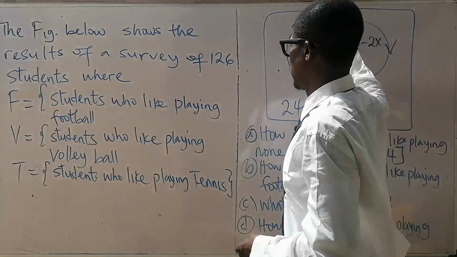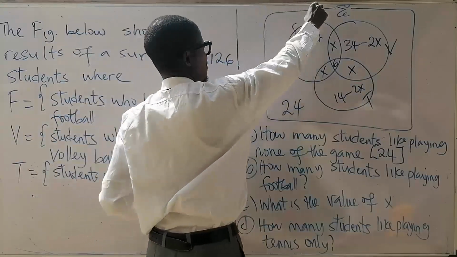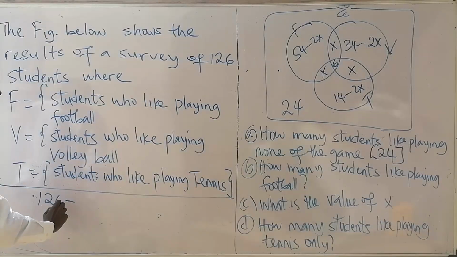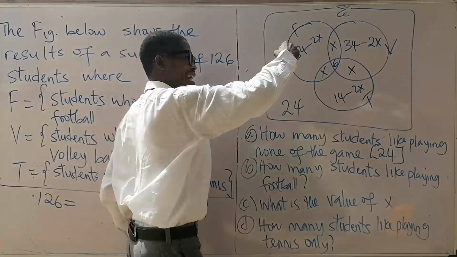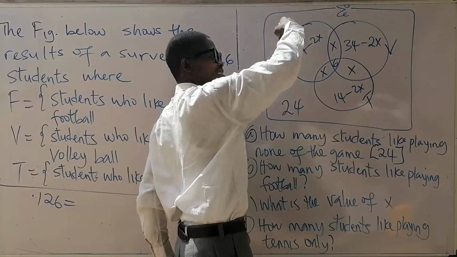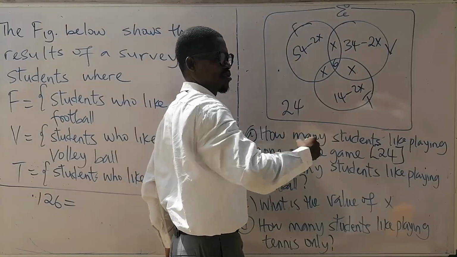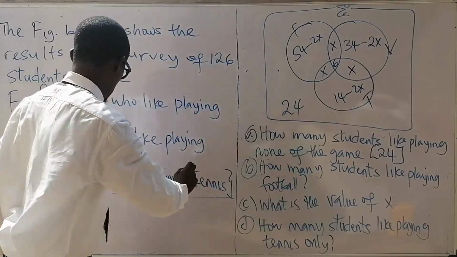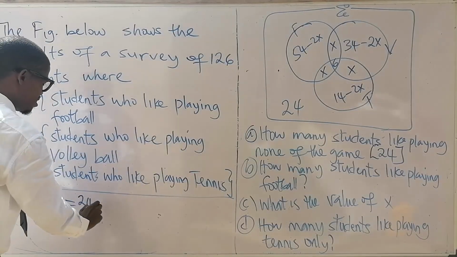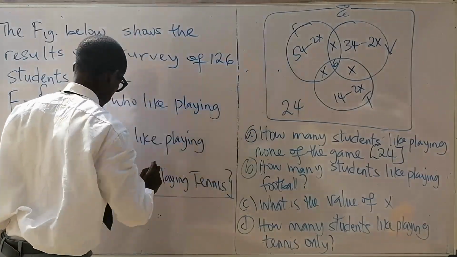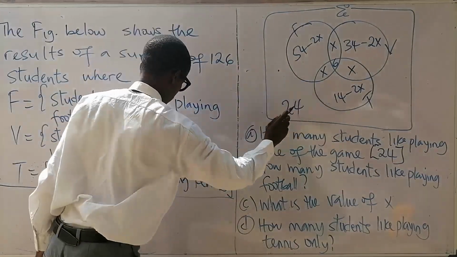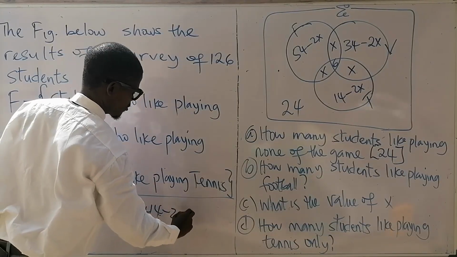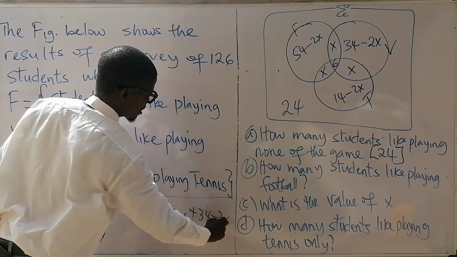So we have the total of this rectangular box is 126, equal to the addition of the contents inside that rectangular box. I'm going to start with the 24 outside, then plus this one, 54 minus 2x, plus 14 minus 2x, plus 34 minus 2x.